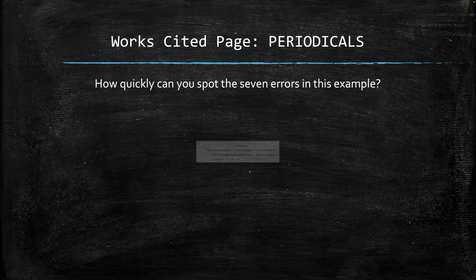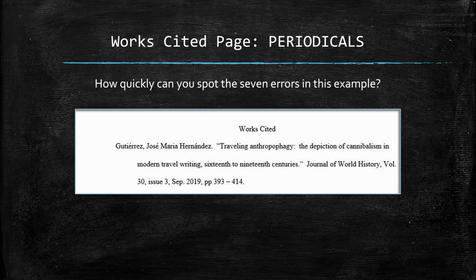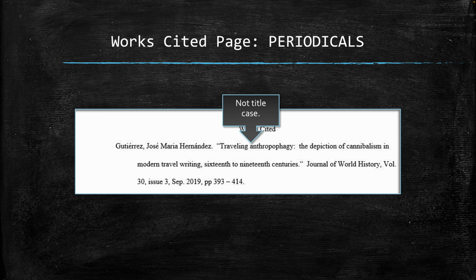Let's finish by seeing how quickly you can spot 7 errors in this example. You may pause the video, take a look at this, and see how many you can spot. Okay, let's go through them together. First of all, the title of the article is not in proper title case.